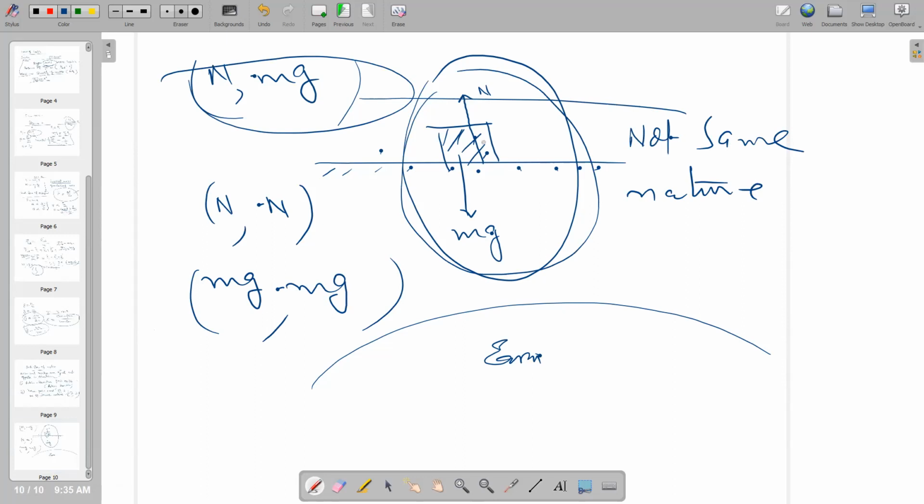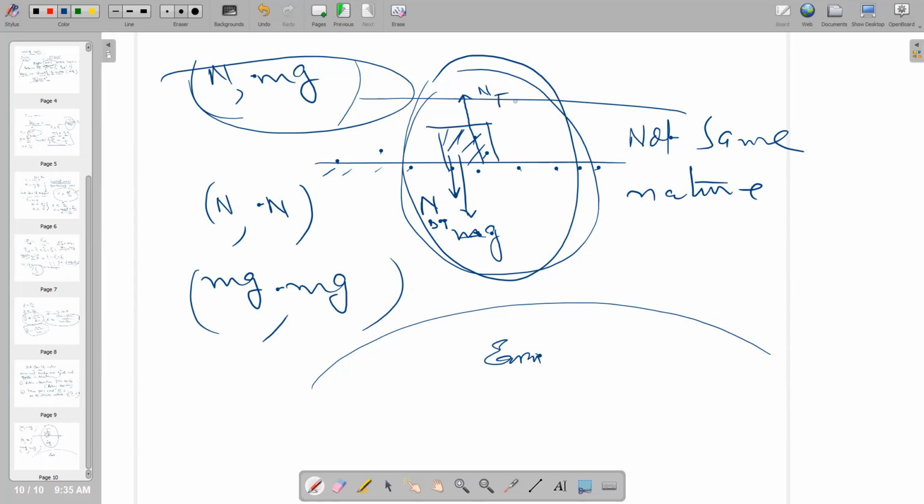But you can say that the block exerts a force on the table and the table exerts a force in the upward reaction. So the action of the block on the table is this one, not mg. So this is N, block on table.